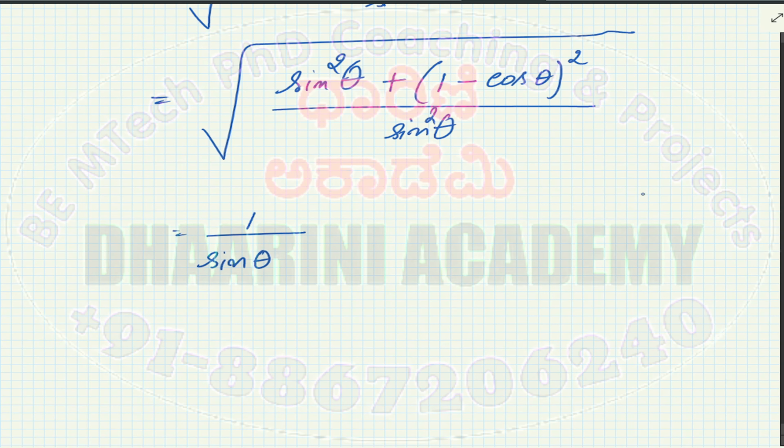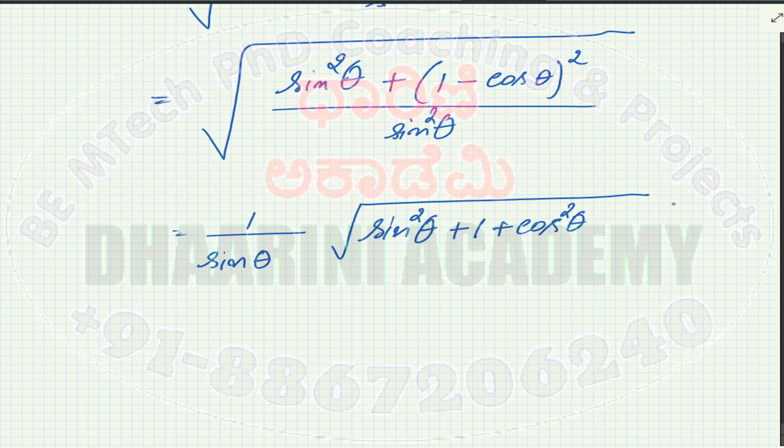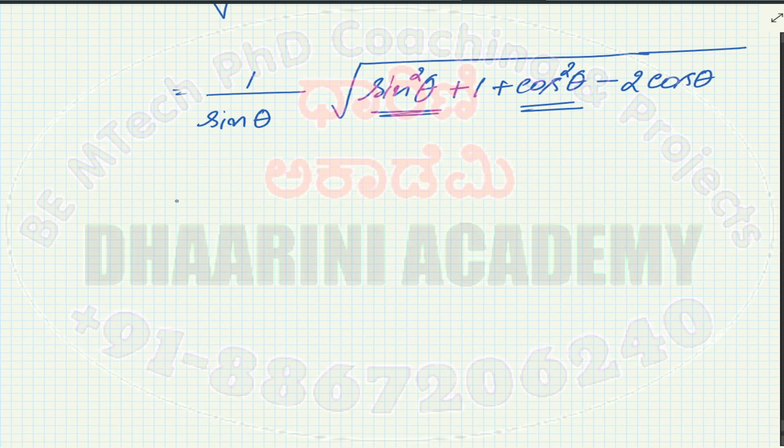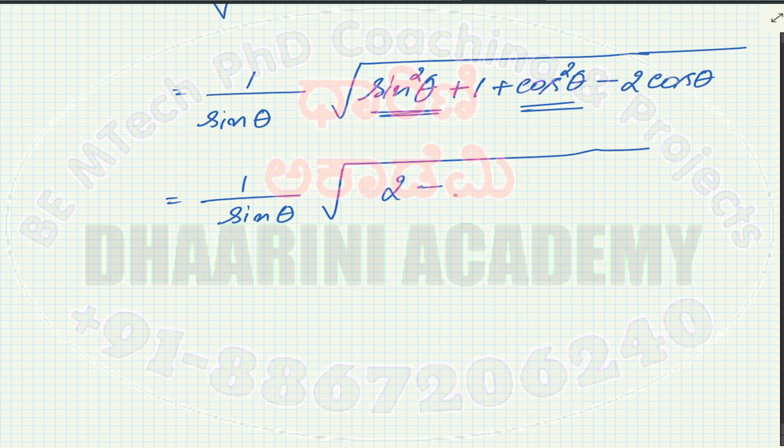Okay, multiplied by, let's expand, so this is sine square theta plus 1 plus cos square theta minus 2 into cos theta. So cos square plus sine square is 1, so 1 plus the other one which is present inside this bracket is going to give me a 2 over there. So this is sine theta into square root of 1 plus 1 is 2 minus 2 into cos theta.